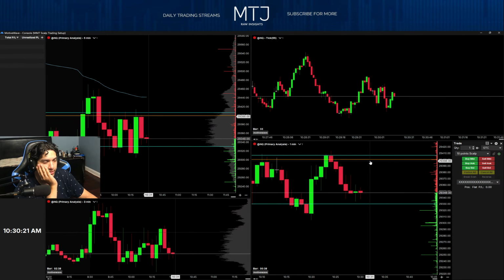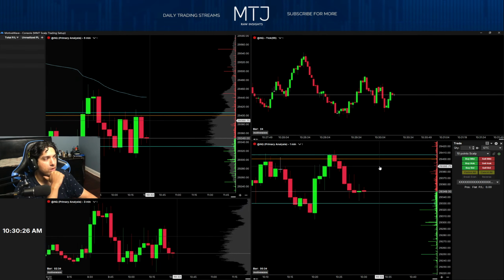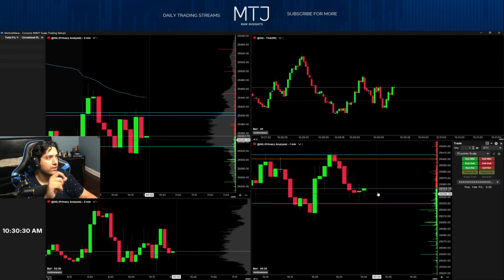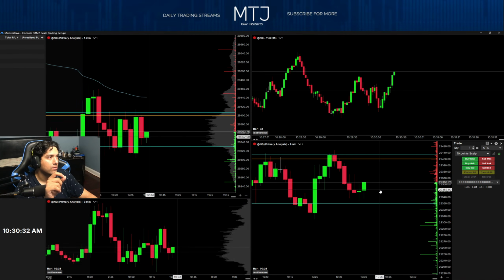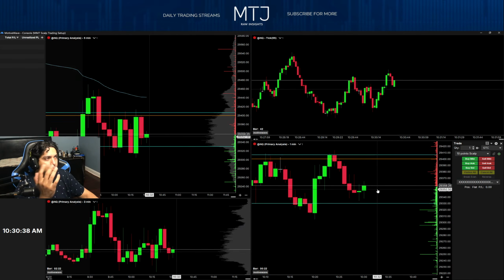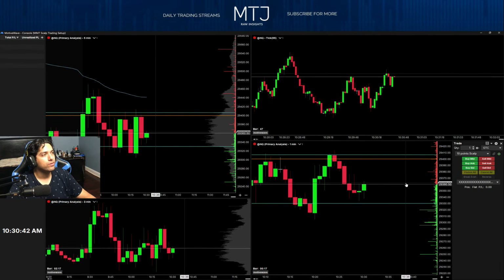Point of control is still at the top of the range. If you remember earlier in this market, we were talking about how if we don't get the point of control to shift to the bottom side before the bottom side breakout, then we're probably going to just continue sidelining, right? That's just how point of control really works.